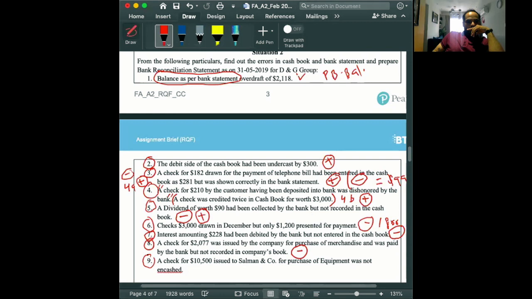Number 9. A check for $10,500 issued to Selman and Company for purchase of equipment was not encashed. So tell me.